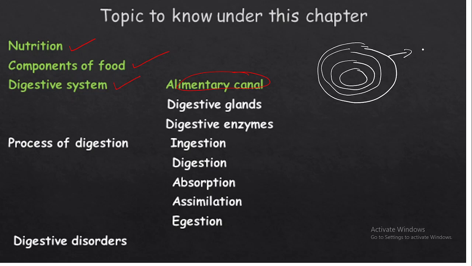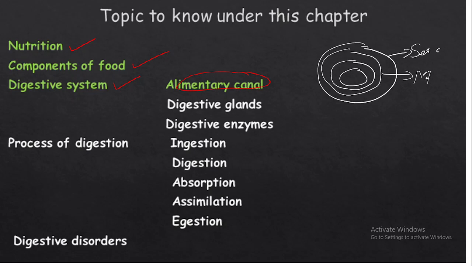The outer one is called the serosa or adventitia. I'll just quickly write the initials of it. The next one is called muscularis, which includes the different arrangements of smooth muscles in circular form, longitudinal form, and oblique form.